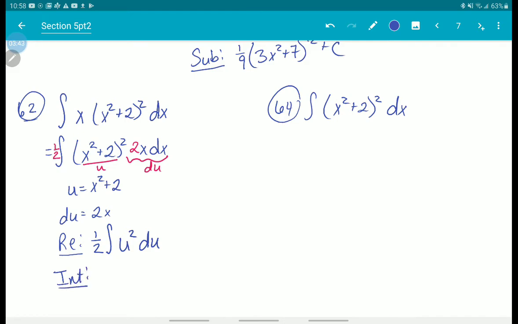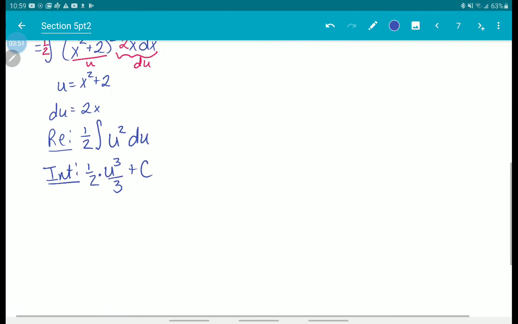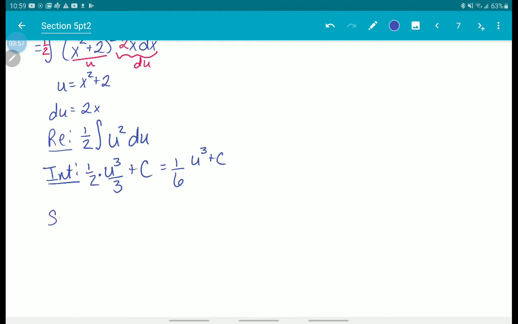And integrating that gives us 1/2 u to the 3rd over 3 plus c. Remember, those are multiplied together. And that's the same thing as 1/6 u cubed plus c. And then we're just going to back substitute in. So there's our final answer.